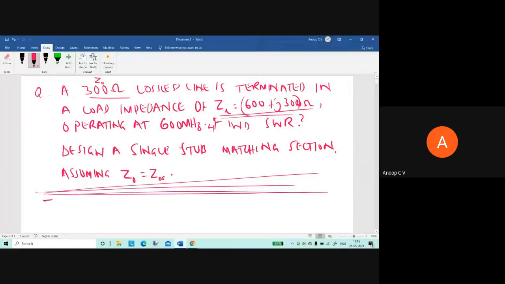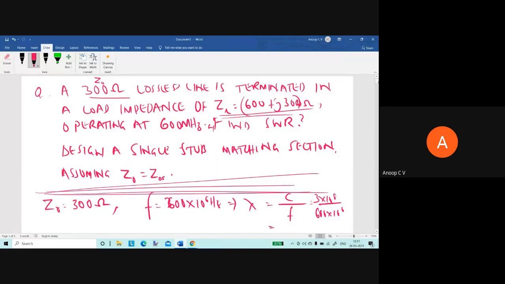So Z0 is equal to 300 ohm, and F is equal to 600 into 10 power 6 hertz. Which implies lambda. Let us assume the velocity is C, as the dielectric is a perfect conductor. That is C by F, so that is 3 into 10 power 8 divided by 600 into 10 power 6.